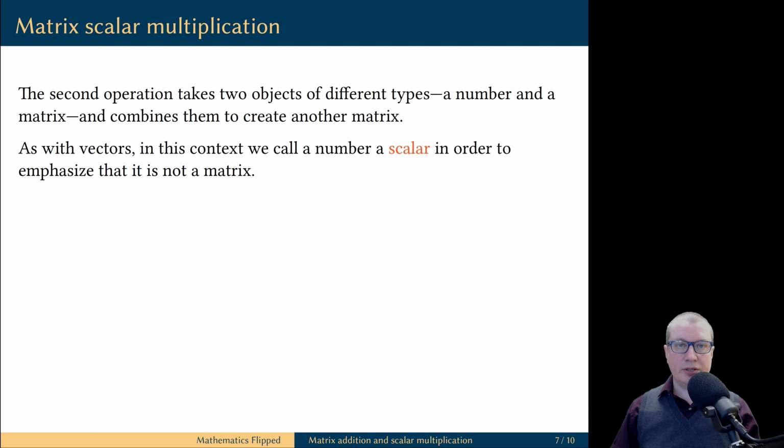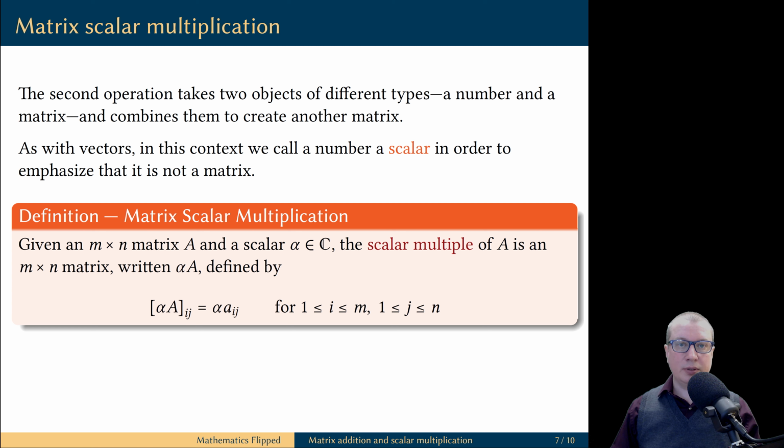The second operation, the operation of matrix scalar multiplication, is different from the operation of matrix addition in the sense that it combines two different objects. It combines a scalar, which is a number, with a matrix to produce a new single object, which is a new matrix.